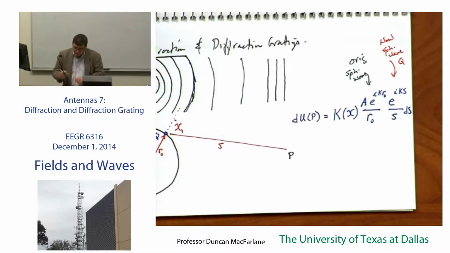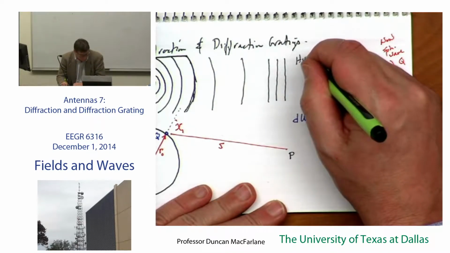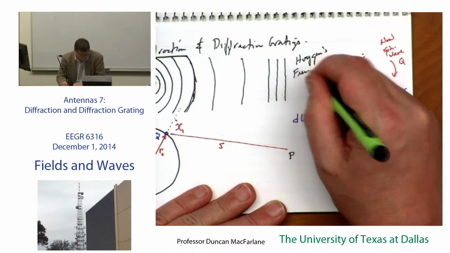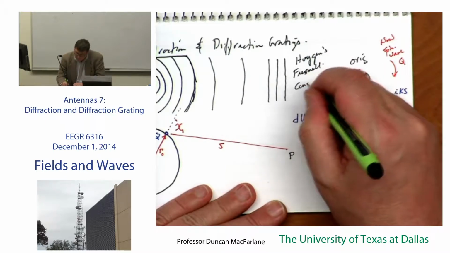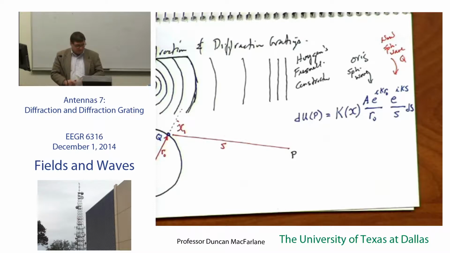And this is called, if you're looking for a word, the Huygens-Fresnel construction for one differential disturbance moving towards a propagation point P.